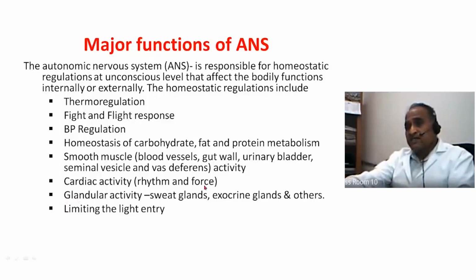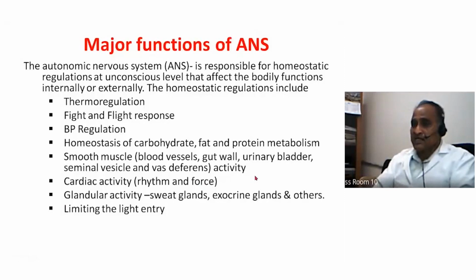It regulates glandular activity: all the exocrine glands, the salivary glands, gastric glands, pancreatic glands, bile, and intestinal glands are all controlled by the autonomic nervous system. In addition, it also governs some of the endocrine glands, perhaps not directly but indirectly.